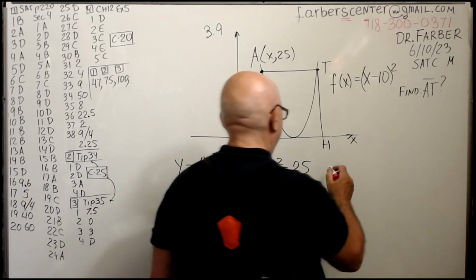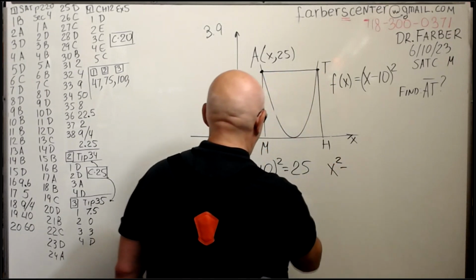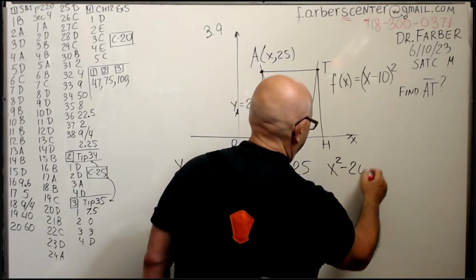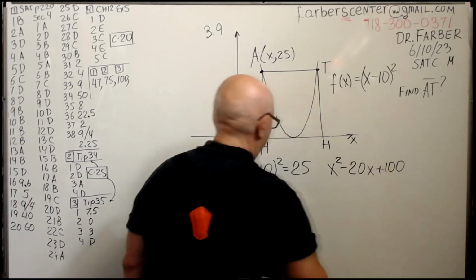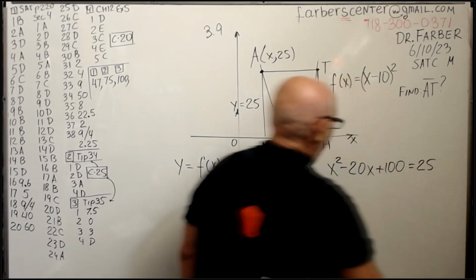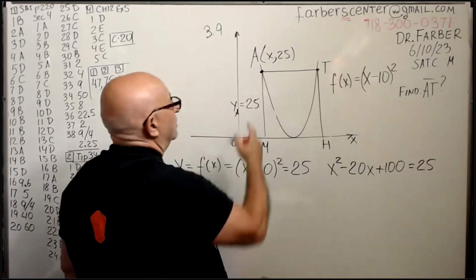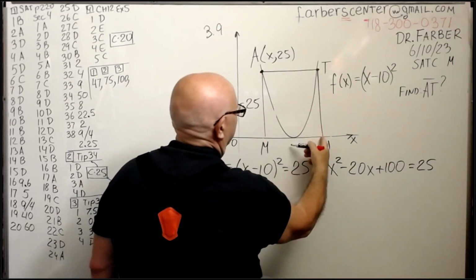Practically expanded. X squared minus 20x plus 100 equals to 25. Let's solve equation. Why I'm doing this? In order to find length of this segment, I have to know coordinate of x and this x.